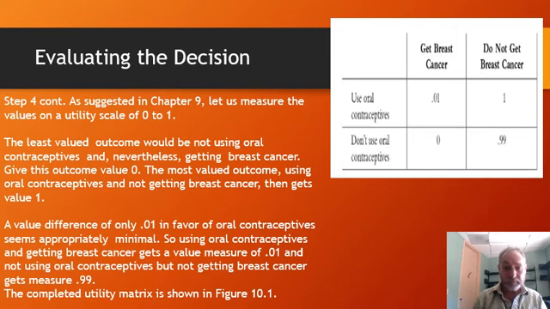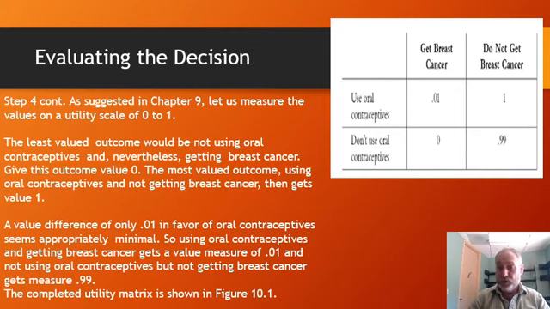Okay, so here's how that works. We're going to say that we're assigning a value of 0.01 to using contraceptives. According to Ramsey's strategy, what does that mean? That means I give you two choices. You could use oral contraceptives and get breast cancer, guaranteed. Or here's another choice: we'll run a little lottery, and there are two ways it could turn out.